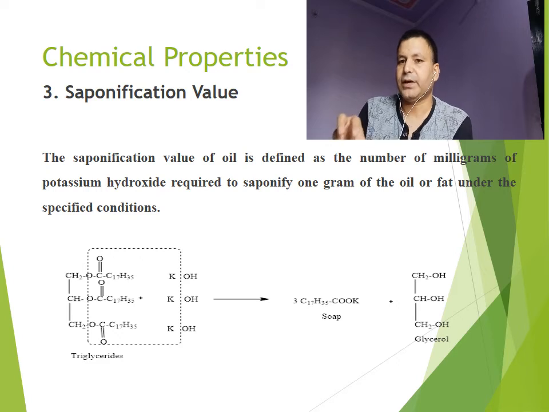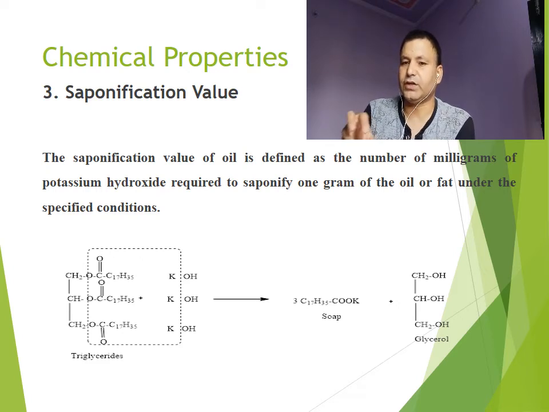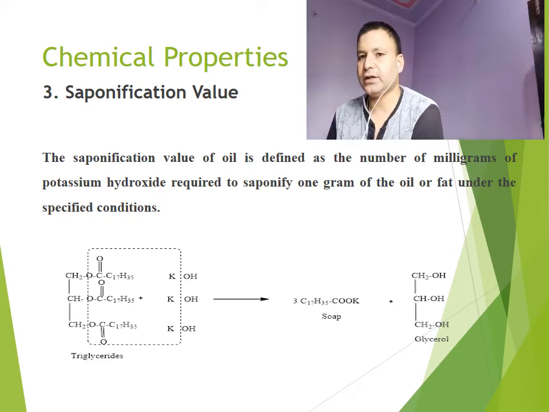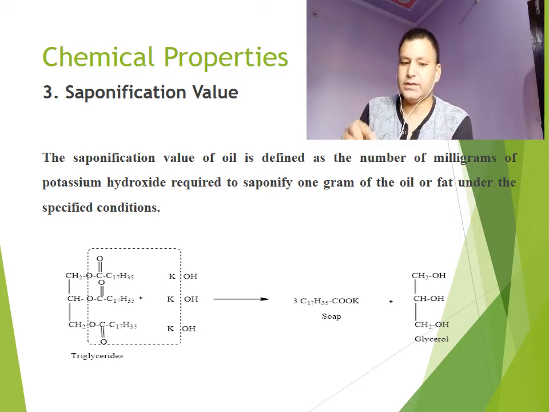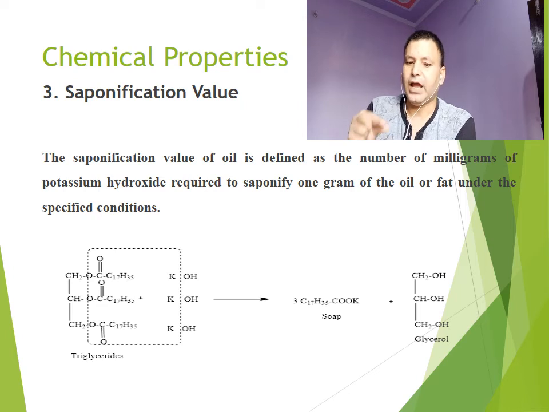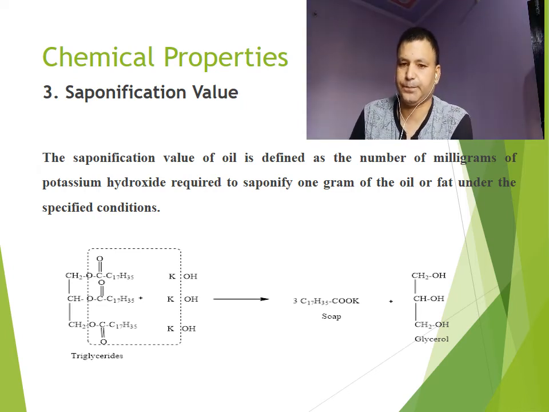And if the maximum saponification value is present, these fats and oils are converted into soap easily. And this value indicates the average length of the carbon chain of the fatty acid components.